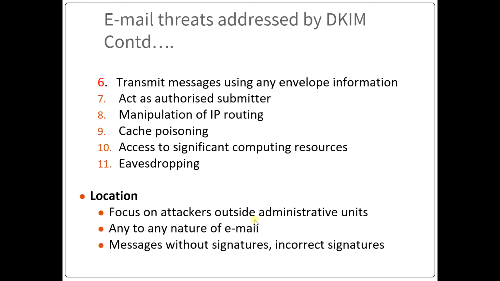The tenth one is access to significant computing resources, for example through worm infected zombie computers, which allow the bad actor to perform various types of brute force attacks. The eleventh one is the ability to eavesdrop on existing traffic, perhaps from a wireless network.